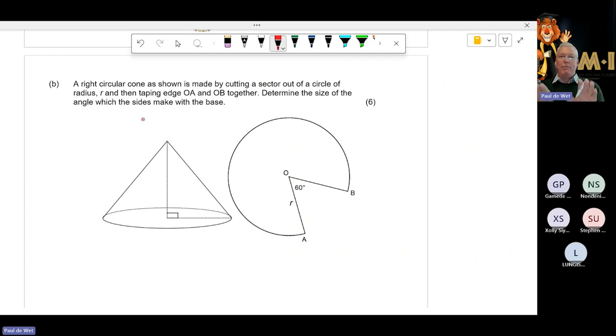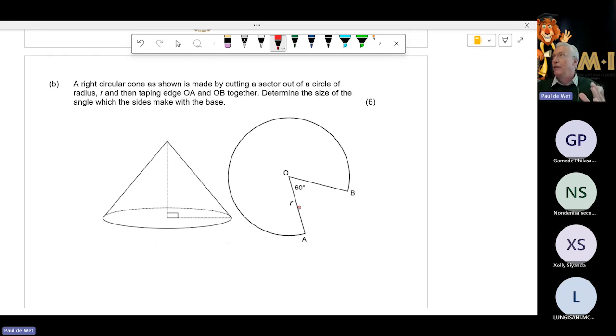So what's happening here, and I should have brought a round piece of paper: if you cut a piece out, like a slice of cake, and you fold it, you will get a cone. You pull it towards itself, you get a cone.